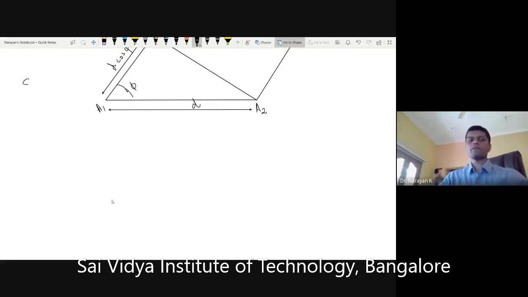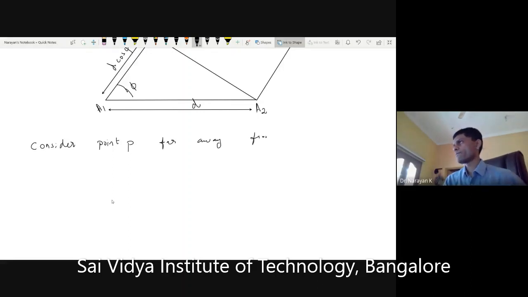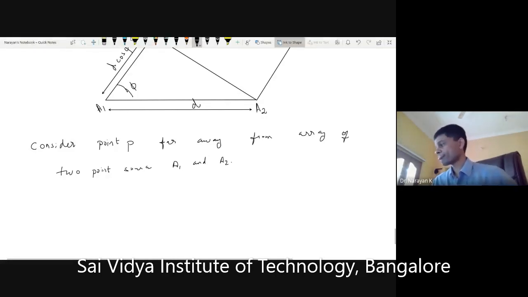Consider point P far away from array of 2 point sources A1 and A2.